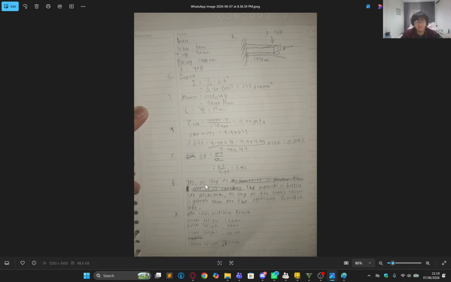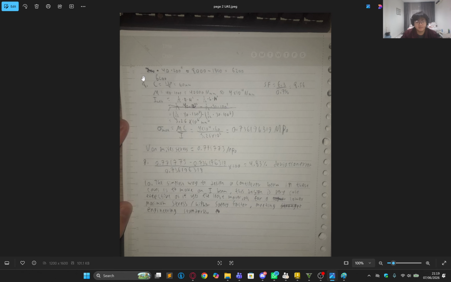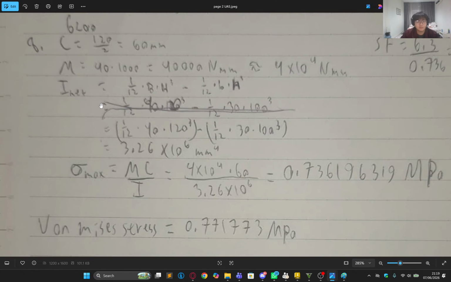And here it is. Manual calculations. We did this before, so I'll just skip through it. But the only thing different here is this. I use capital letters here and lowercase letters here just to tell the difference apart.